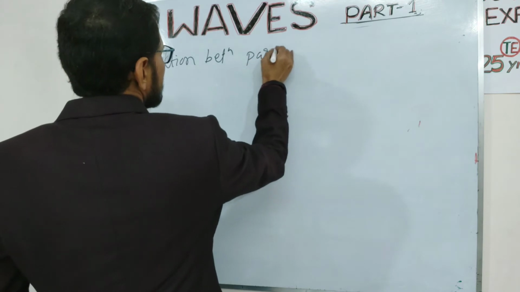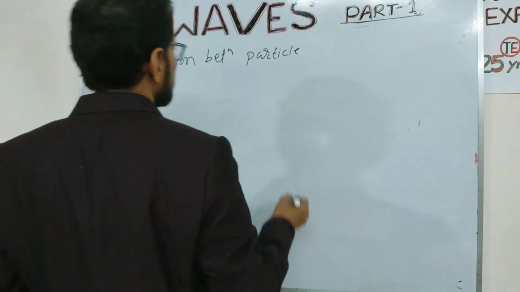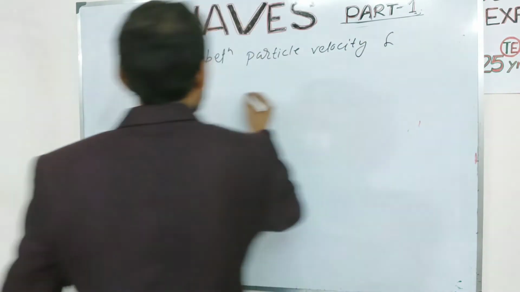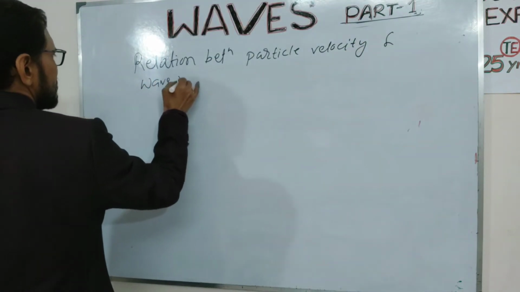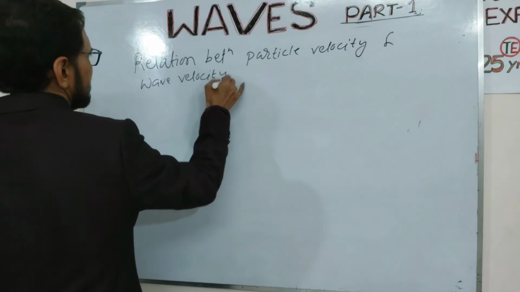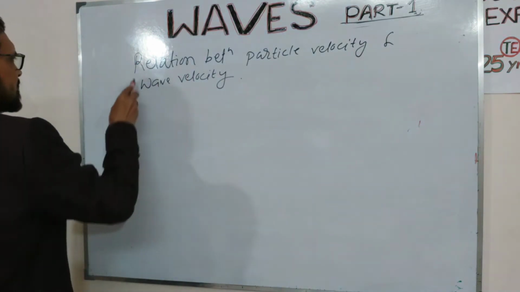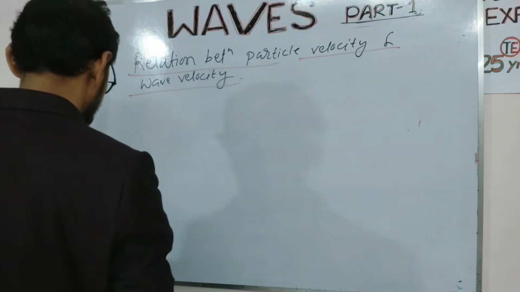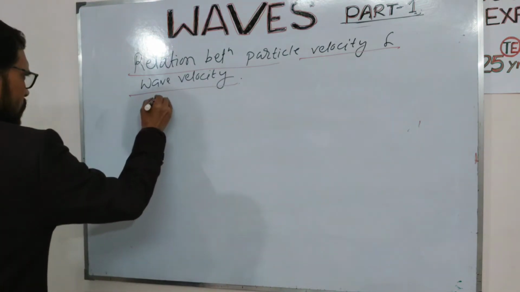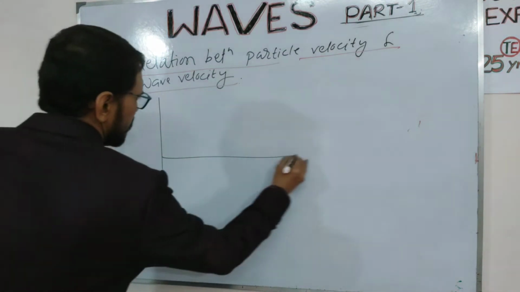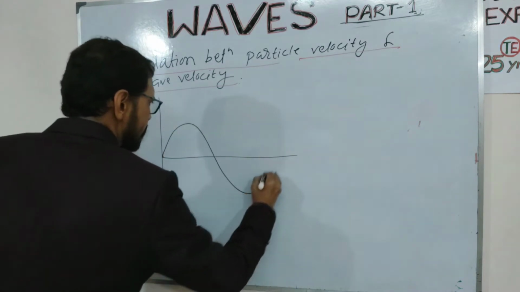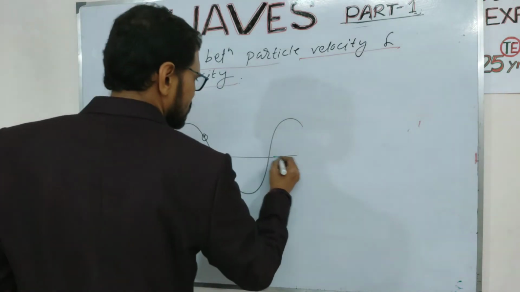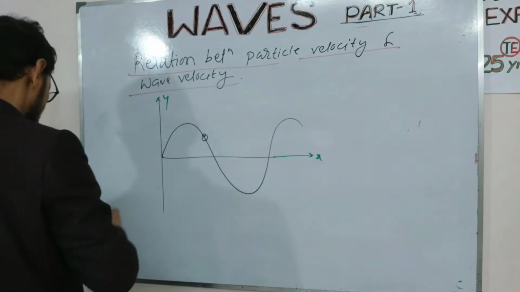Particle displacement: the relation between particle velocity and wave velocity. What is the relation between particle velocity and wave velocity? So this is x, this is y.